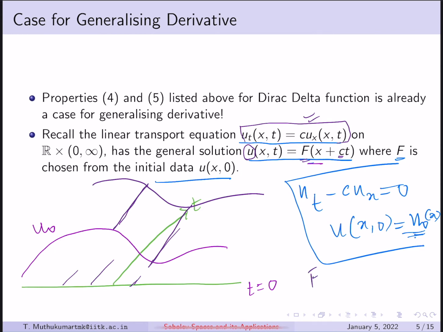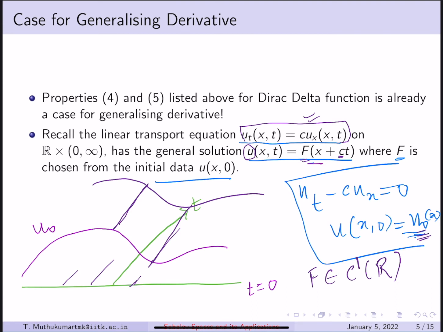It should be at least once differentiable, so that you can differentiate and then satisfy this equation. That automatically imposes that the u naught data that you choose for the transport equation has to be a smooth function, a nice function. You have to be able to differentiate this function.